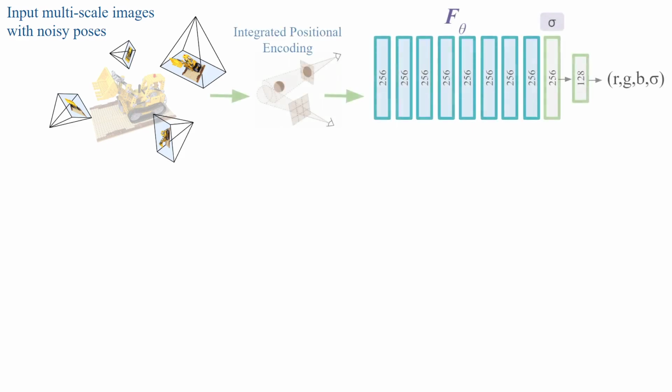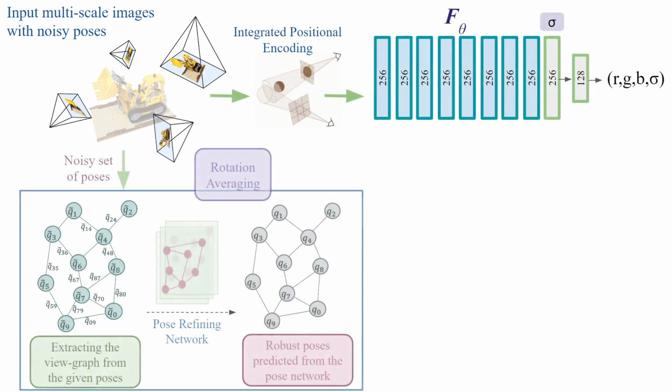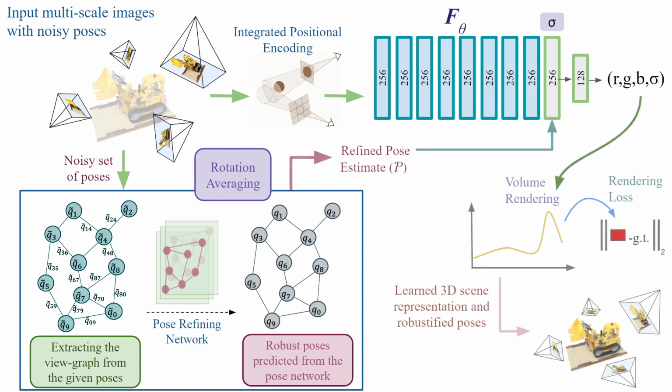Given all the modules, we now discuss the complete pipeline for our method. So, given an initial set of multi-scale images along with noisy poses, we use multi-scale representation for neural radiance fields and rotation averaging for robust pose estimation to arrive at a color and volumetric density for any 3D point.